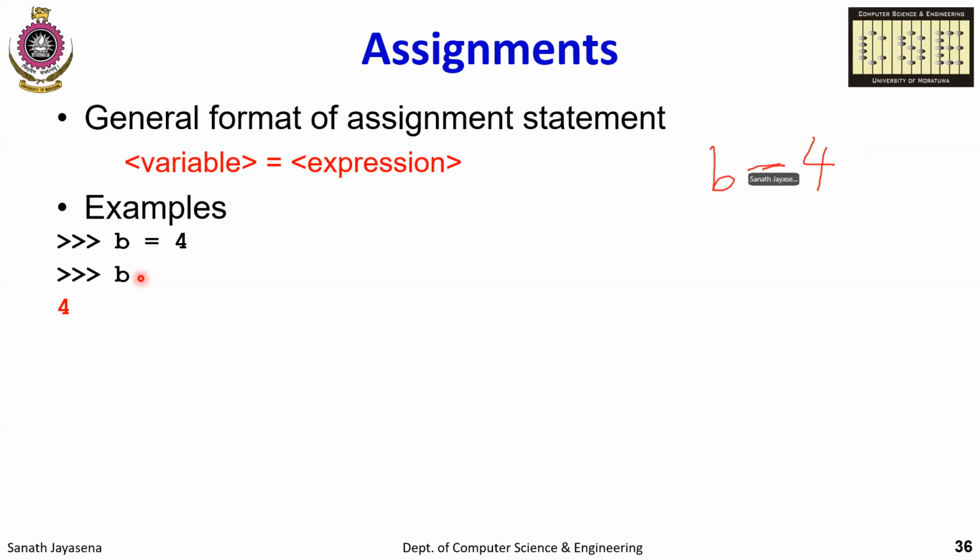We basically say the value 4 is assigned to the variable B. But of course, we know from our previous discussion, when you say assign, we are actually assigning a reference, so we are making an association. Simply, we have an integer object whose value is 4, and B will be a name for that. In other words, B will be a reference to 4.